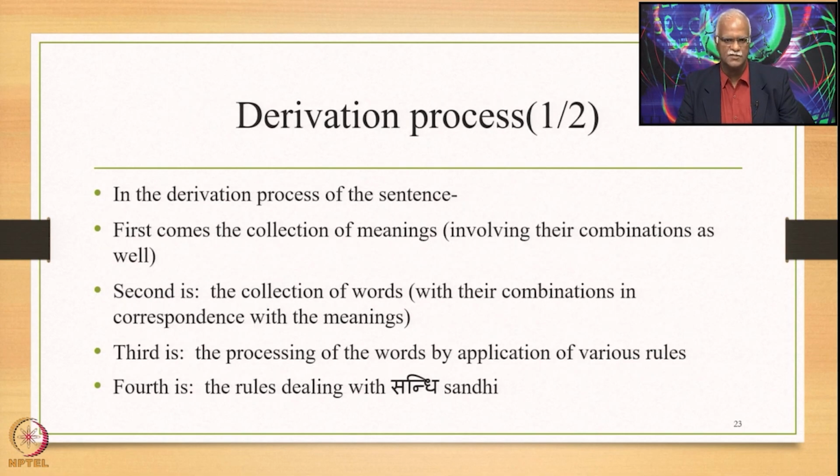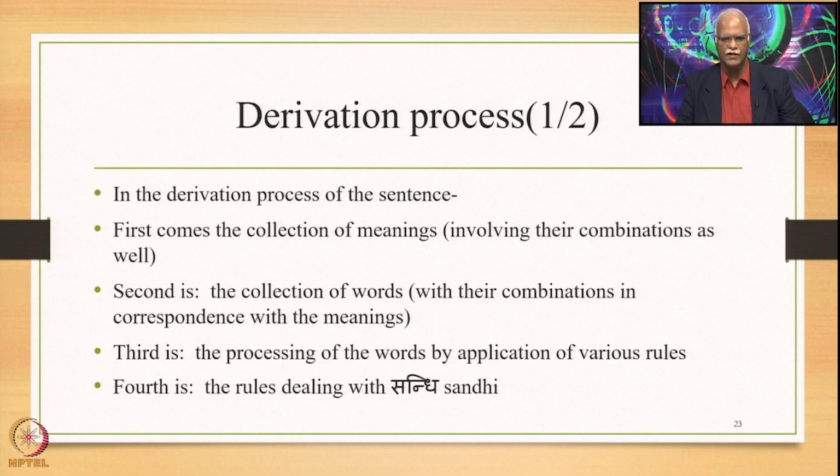In the derivation process of the sentence, which is the aim of Paninian grammar, first comes the collection of meanings involving their combinations as well. Next comes the collection of words with their combinations in correspondence with the meanings.